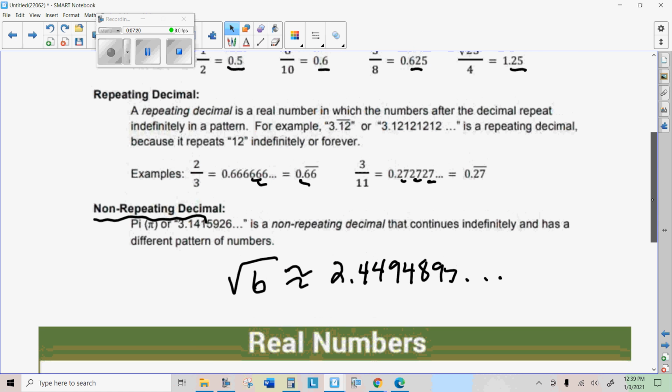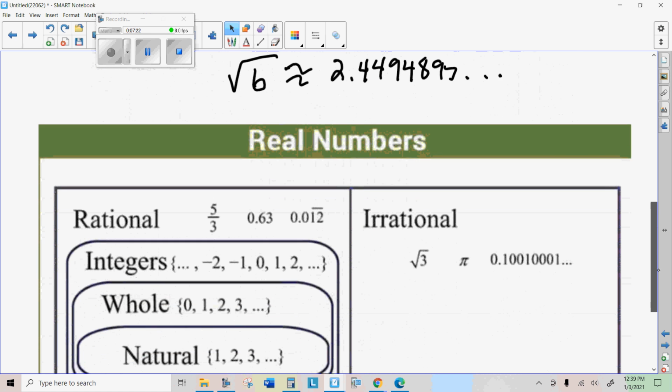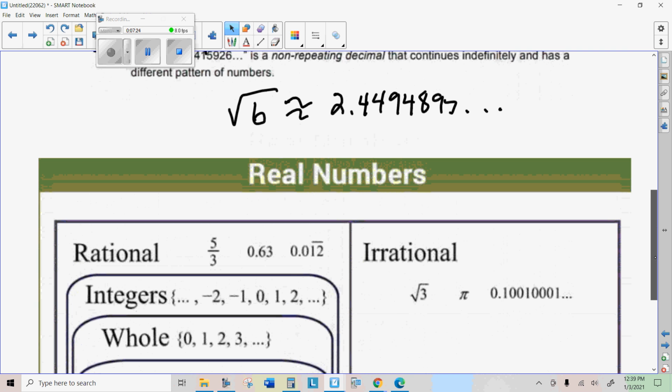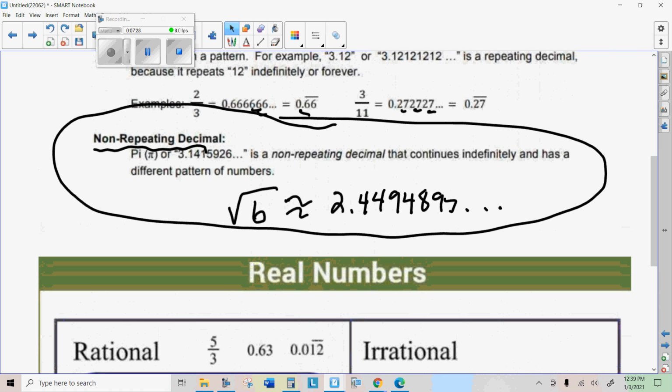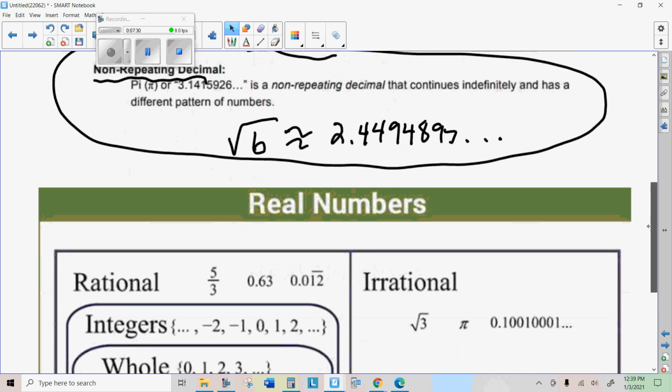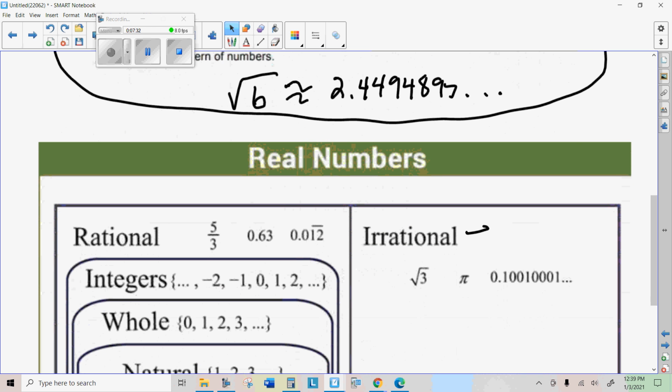Okay. Now, if the number goes on forever, but there is no pattern, then that's an irrational number. So we're going to say that's non-terminating, so never ending, and non-repeating.